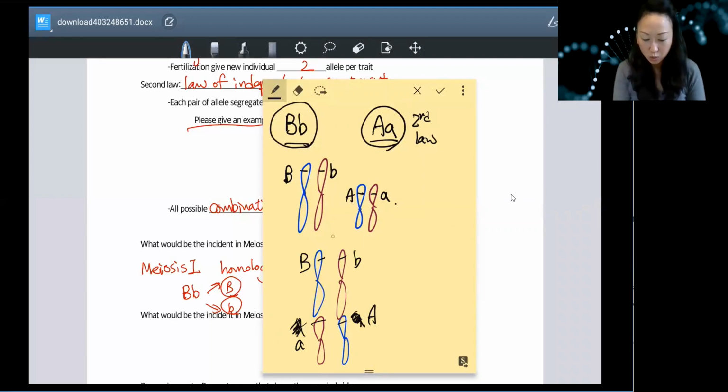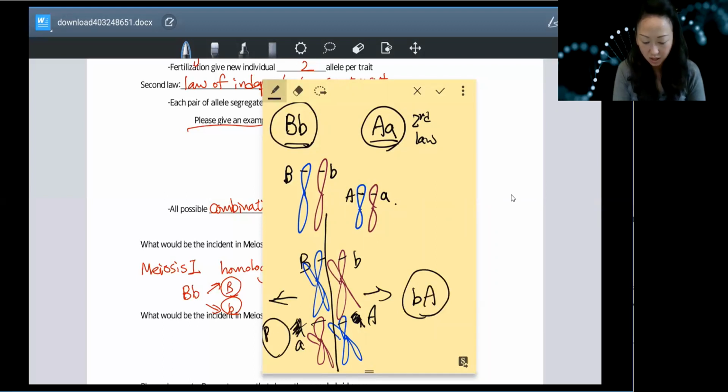Okay, so when you segregate, again, I need to draw 2 because I'm going through meiosis, and you got 2 of everything during meiosis. So when you segregate during meiosis, what do you get? Now you get little b with big A and big B with small a.